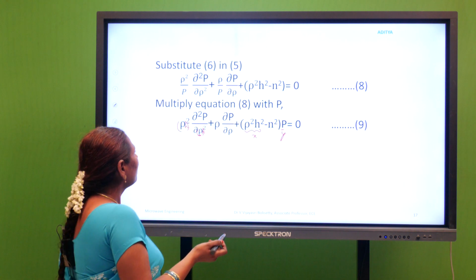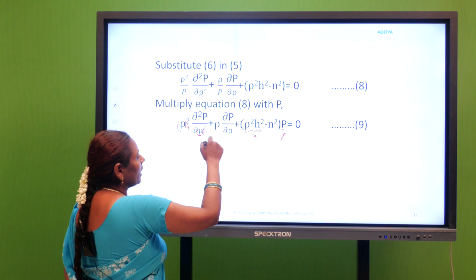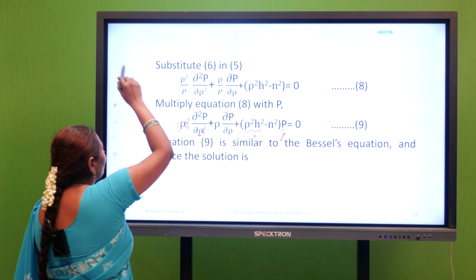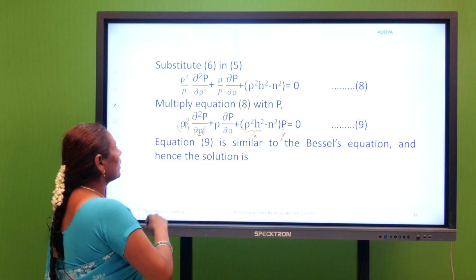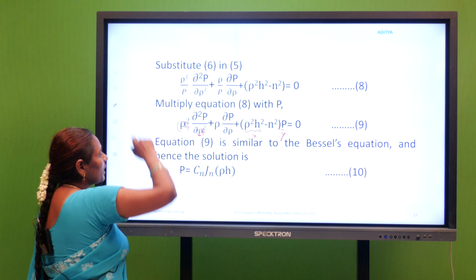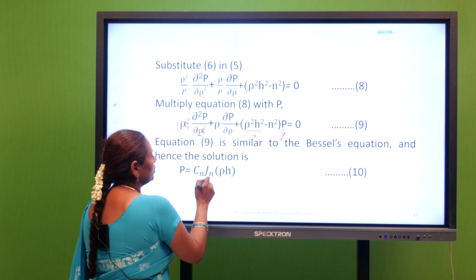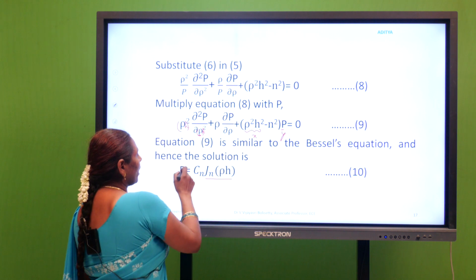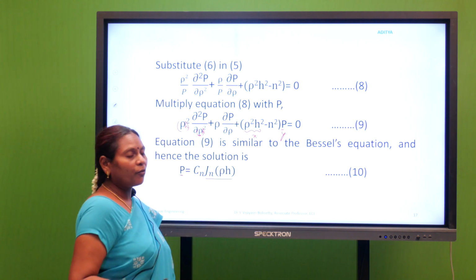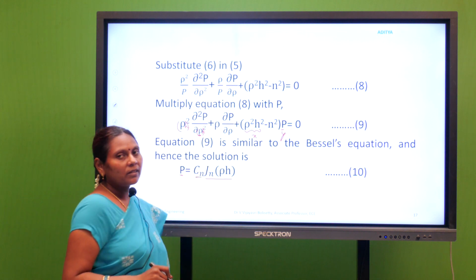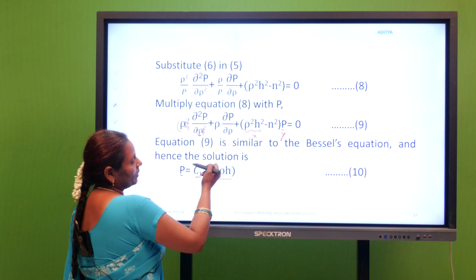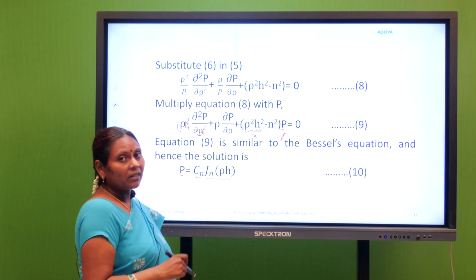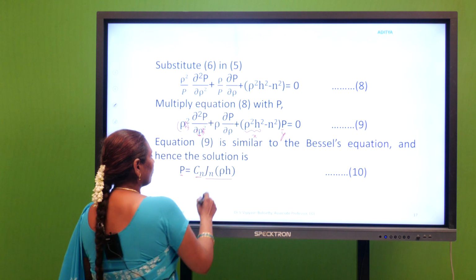So simply by considering this rho h as x, it represents the Bessel's equation, and the solution for this equation 9 can be expressed using the Bessel's function Jn. So P is y is equal to some Cn Jn of x. Cn is the arbitrary constant, and in place of x we have rho h. So Jn of rho h represents an nth order Bessel's function.